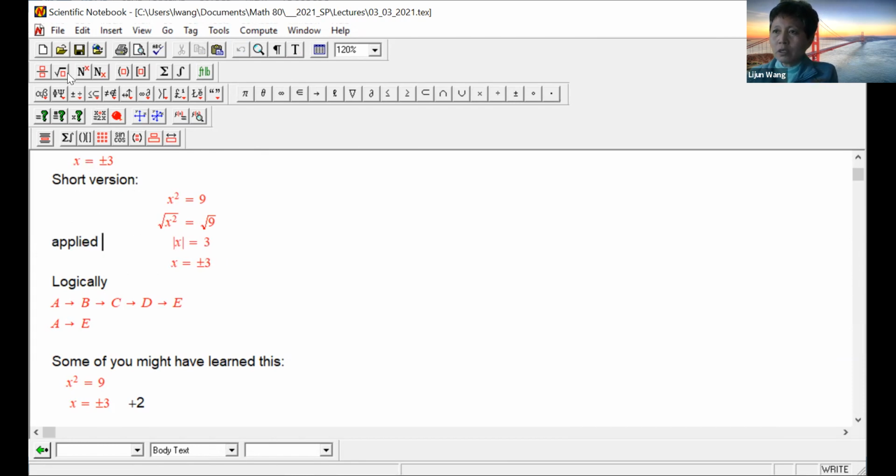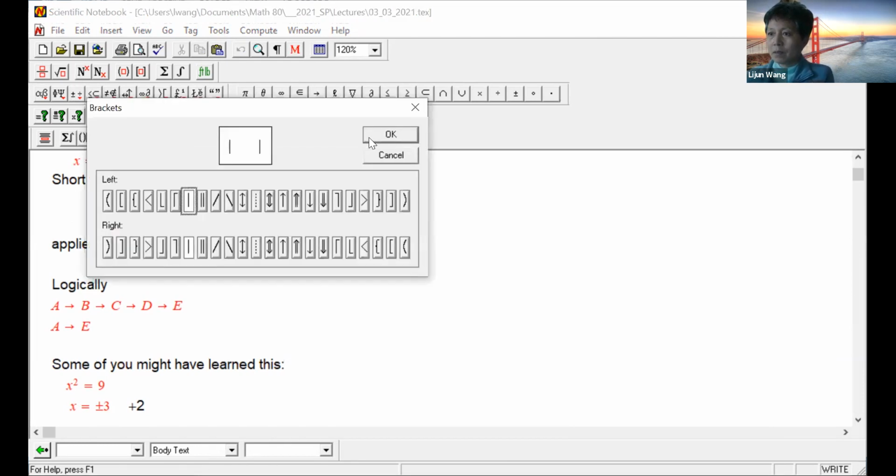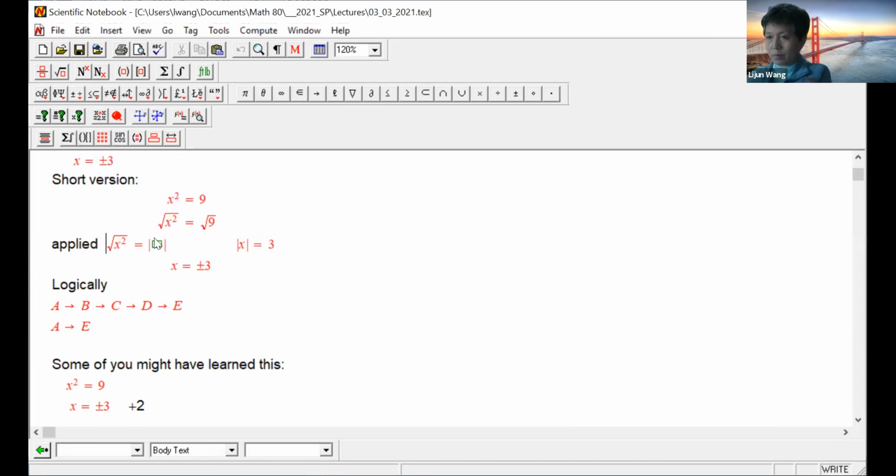So here, I see the student has applied this principle, this true statement.